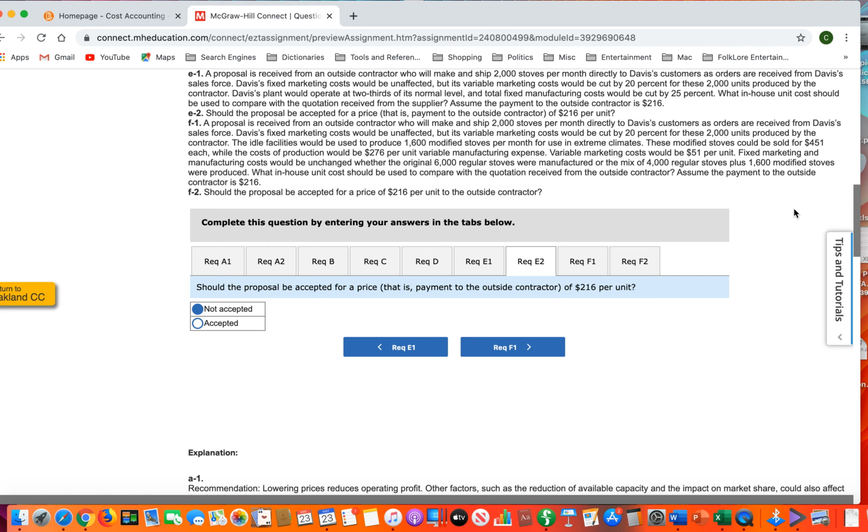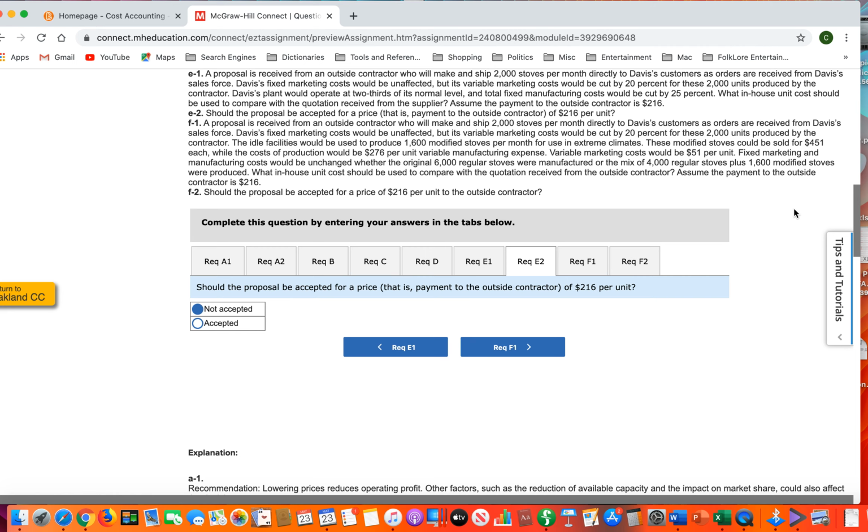Then I took my total variable cost, my variable cost per unit, and multiplied that by 1,600. And I came up with a contribution margin, and then I divided the contribution margin by 2,000. And that'll tell me what I earned or save, if you would, by freeing up that space to do these modified ones.